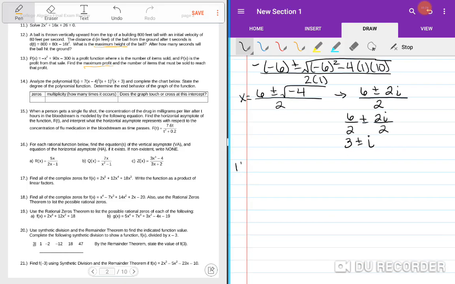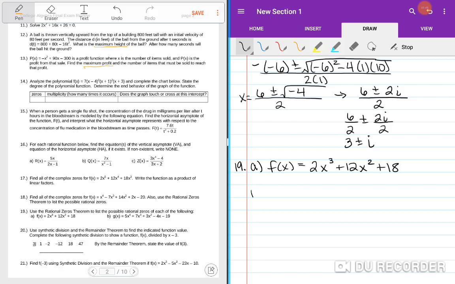Okay, let's see. 19. Use the rational zeros theorem to list the possible rational zeros of each of the following. So for A, f of x equals 2x cubed plus 12x squared plus 18. So, the possible rational zeros.